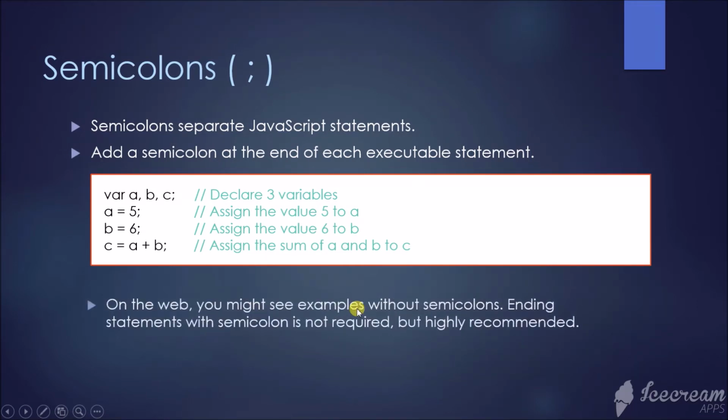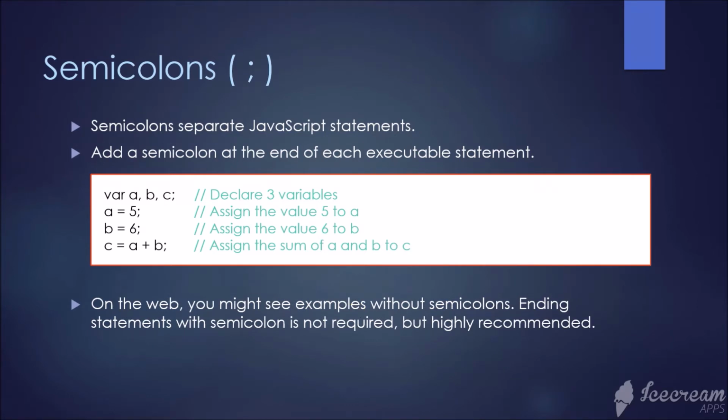Although on the web, you might see examples without semicolons. Ending a statement with a semicolon is not required, but highly recommended. So if ever there's a case, guys, where you get an error, try to check, maybe it requires you to set a semicolon. Okay?